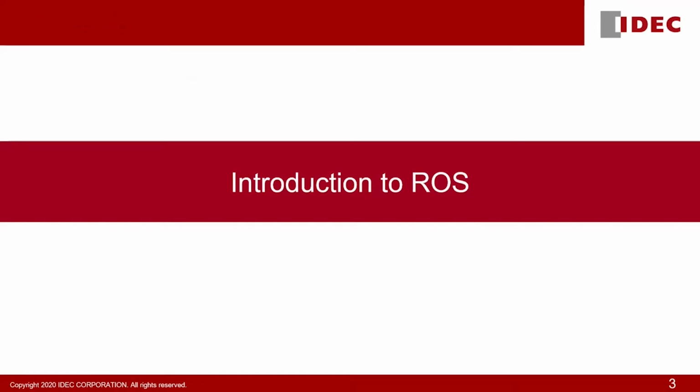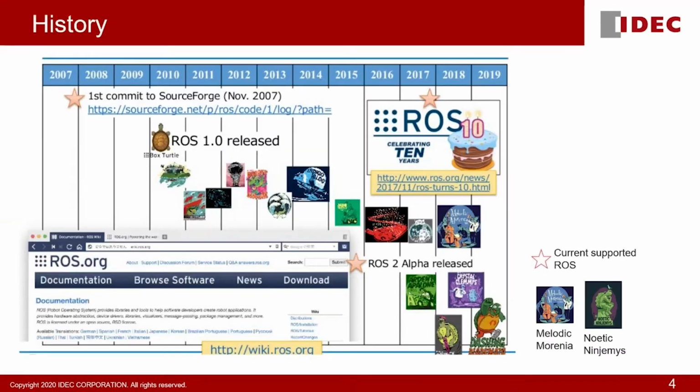Moving on to the introduction to ROS. ROS was originally developed by Stanford Artificial Intelligence Laboratory in 2007. Later on in 2008, the development continued by Willow Garage, and from year 2013, ROS development and maintenance are being done by Open Source Robotics, which later changed its name to Open Robotics.